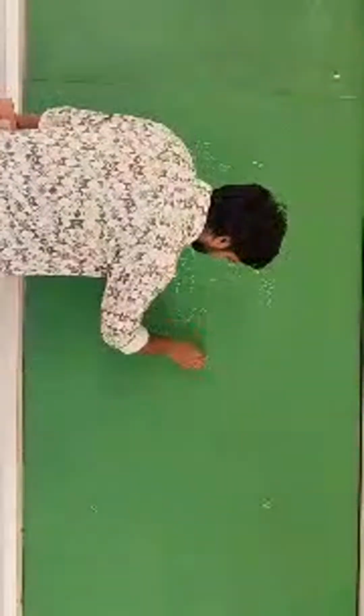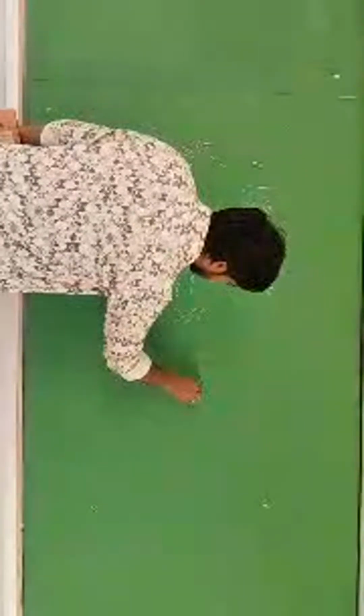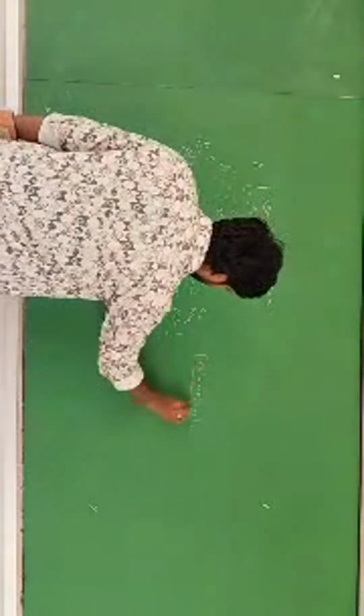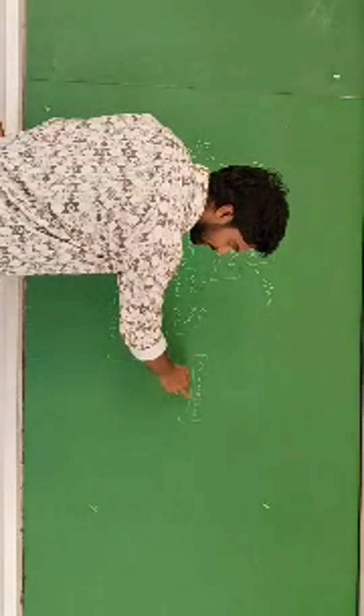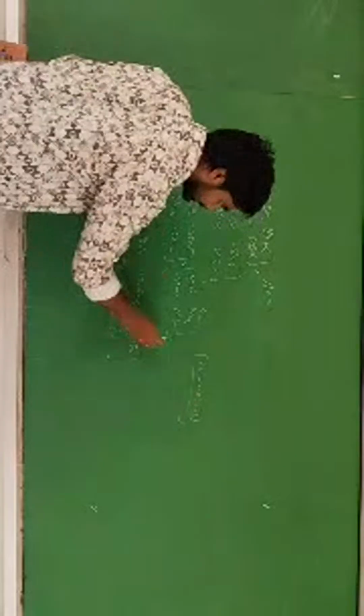We are already well known about the trigonometric identities, sin square alpha plus cos square alpha is equal to 1. When we discussed the trigonometry chapter, we learned these formulas. That's why in the place of sin square alpha plus cos square alpha we replace with 1 here.